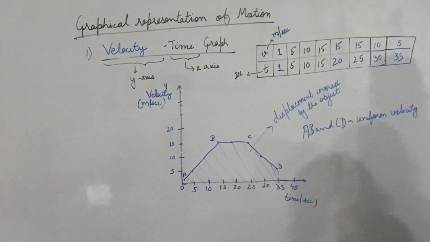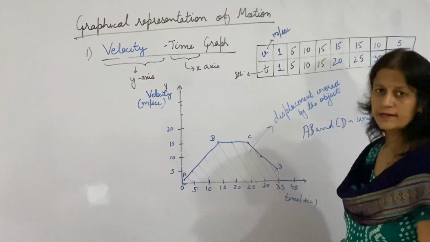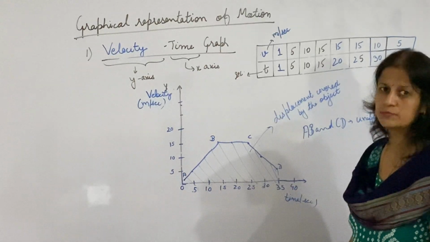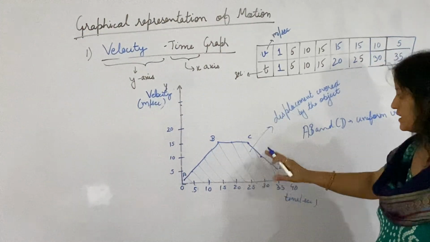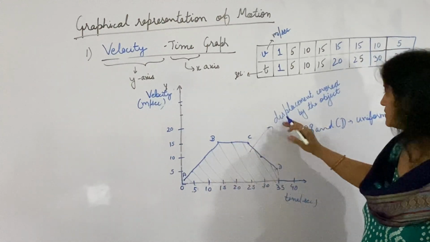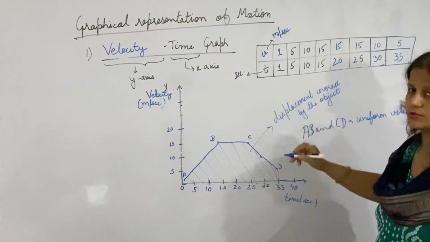This is the significance of the velocity time graph, that we are able to find out how much the object is displaced from its initial position. That is, the area under the graph represents the displacement covered by the object.